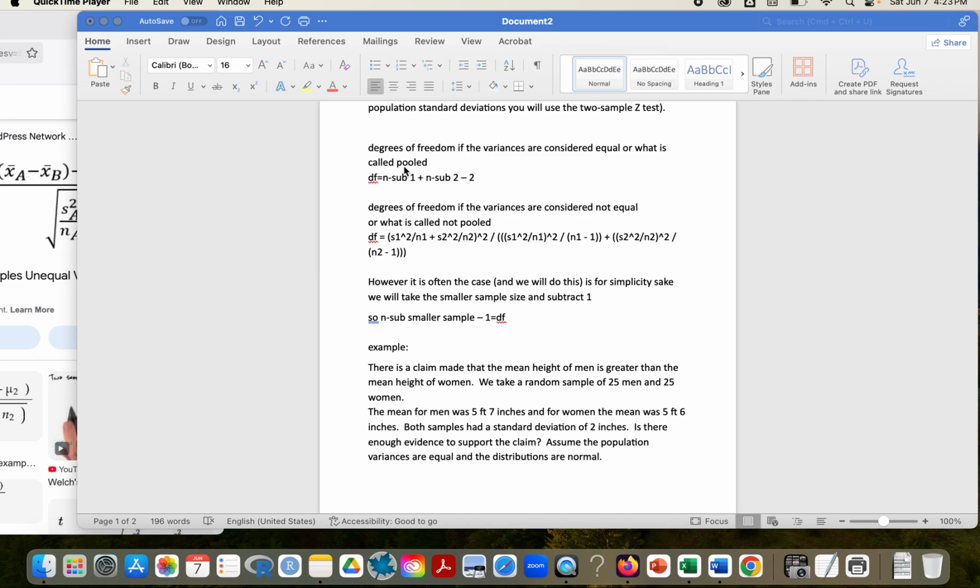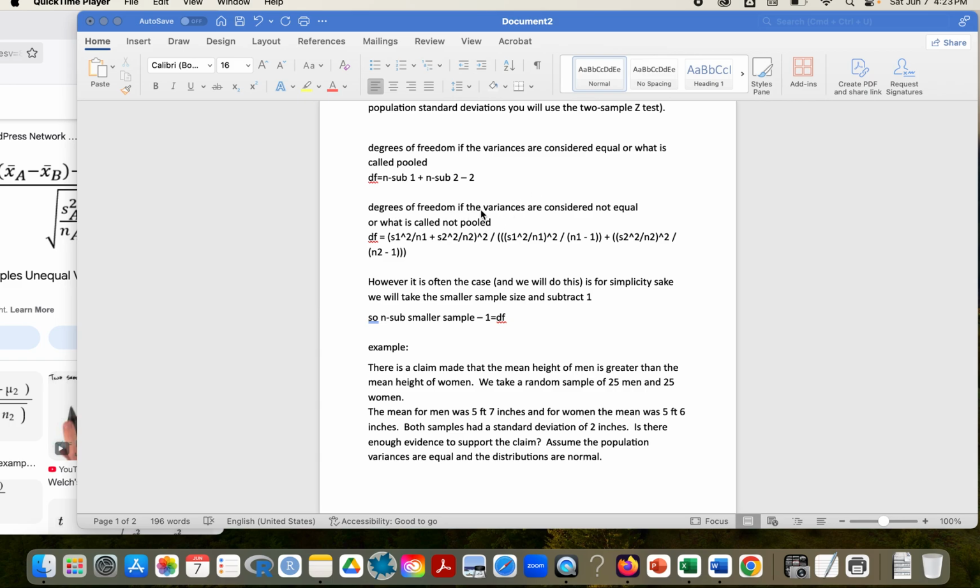That's if the variances are equal, and we call it pooled. And we're not talking about the variances that you're looking at in the sample. You're assuming the population variances, because a sample can be different than the actual population. Your values might be slightly off.